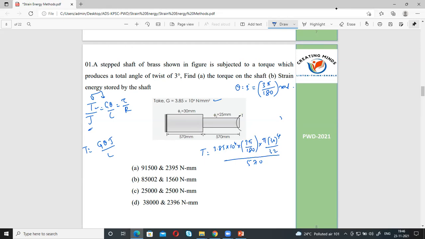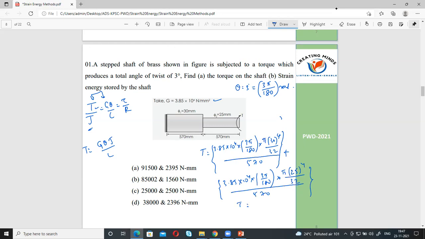Plus, you do one more thing for this member: 3.85 into 10 power 4, 3 pi by 180, and pi into 25 power 4 by 32, divided by the same length 570. Compute the T value.